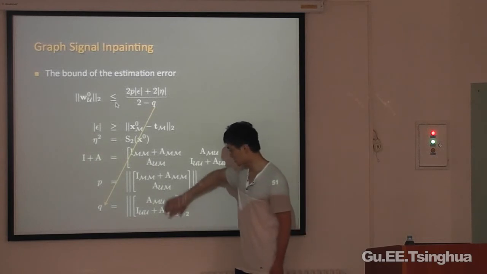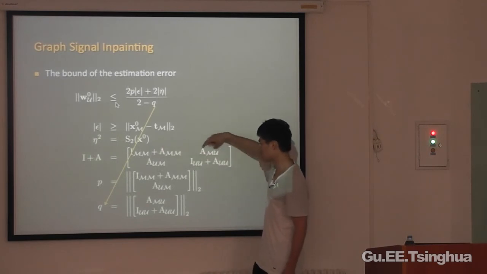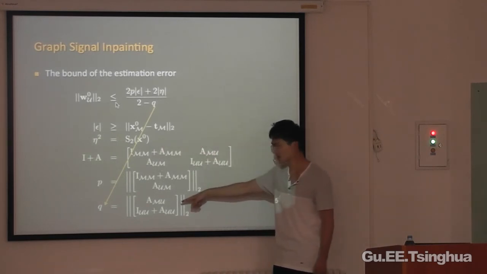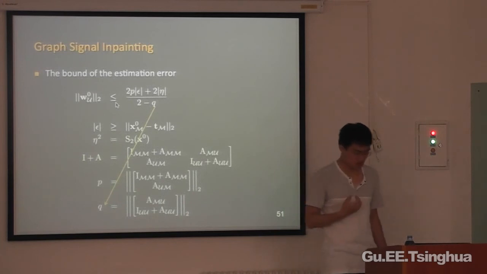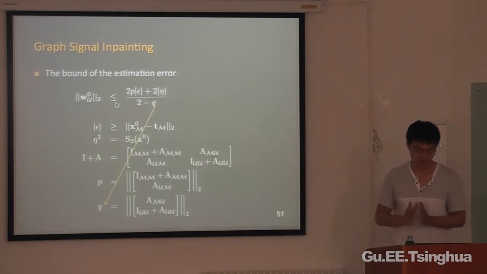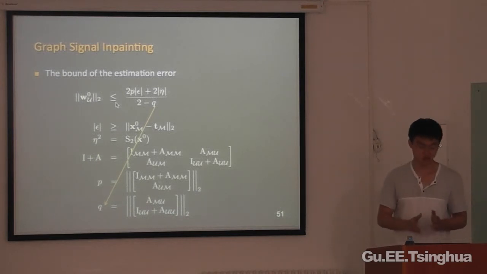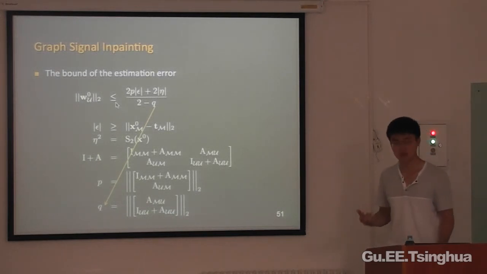Which means if you have more measurements, this part will be bigger, and this part will shrink. You'll get a smaller Q. So basically, if we want to get a smaller estimation error, we want the true graph signal to be measured correctly. We want the true graph signal to be smooth, and also we want more measurements.